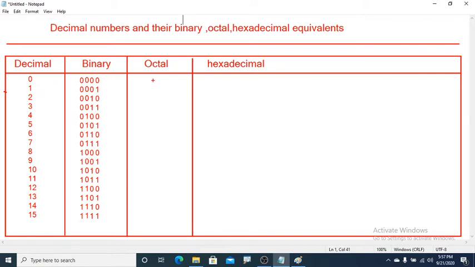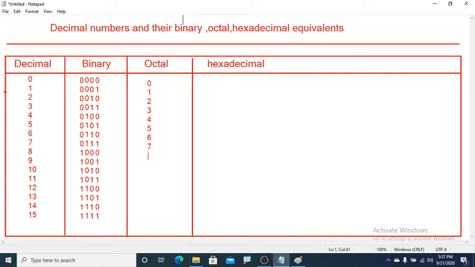Now I am moving into octal. All of you know that the binary equivalent octal number is 0, 1, 2, 3, 4, 5, 6, 7. Now tell me, is this for 8 or 9?